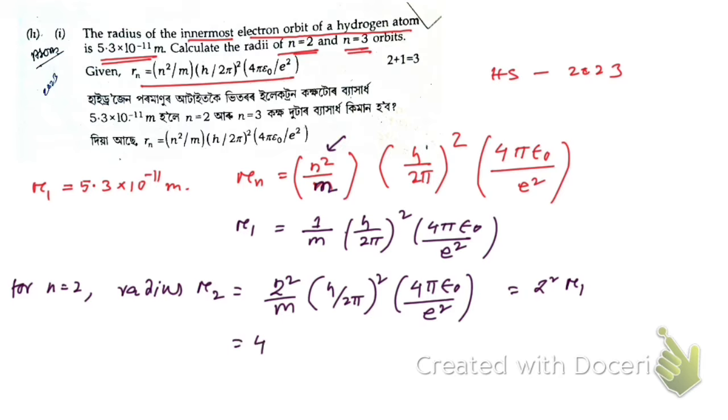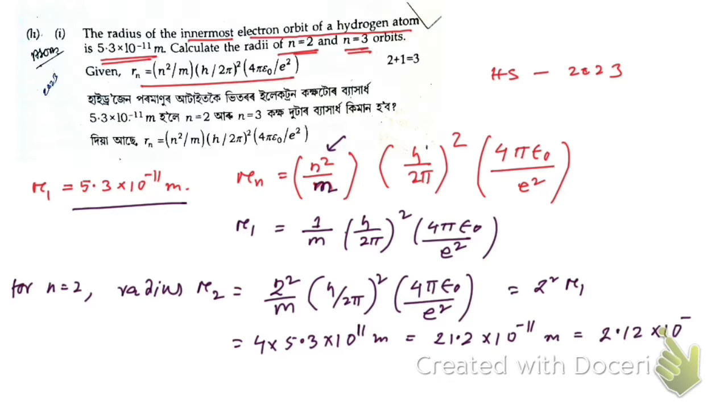So we can write that this is equal to 2 square times r1. 2 square means 4 times r1, and r1 is 5.3 into 10 to the power minus 11 meter. If we multiply it, it is equal to 21.2 into 10 to the power minus 11 meter. If you make it 10 to the power minus 10, that's going to be 2.12 into 10 to the power minus 10 meter in standard form, right?